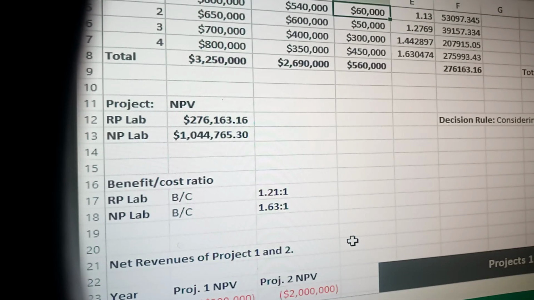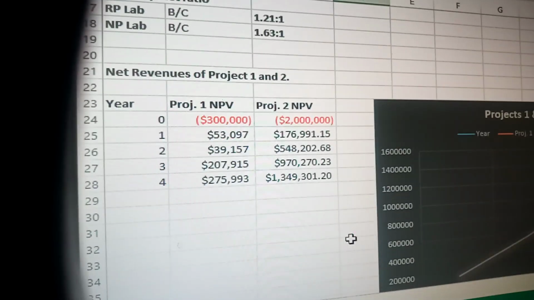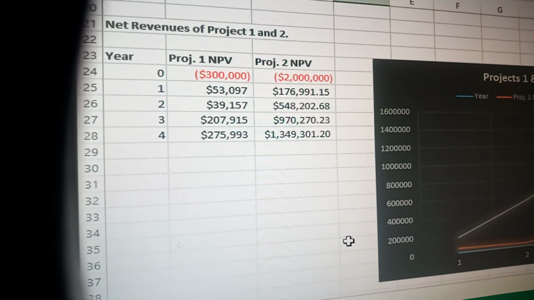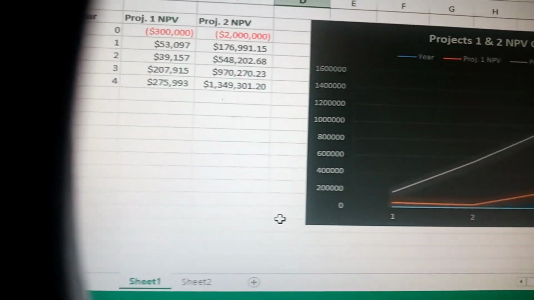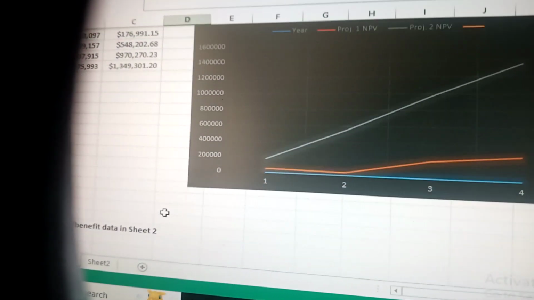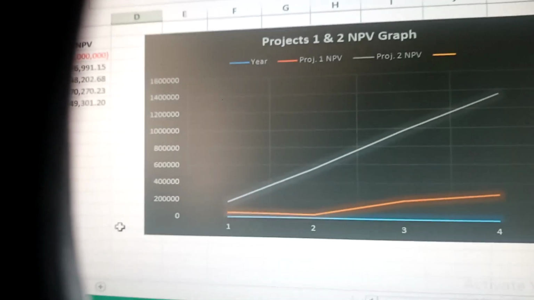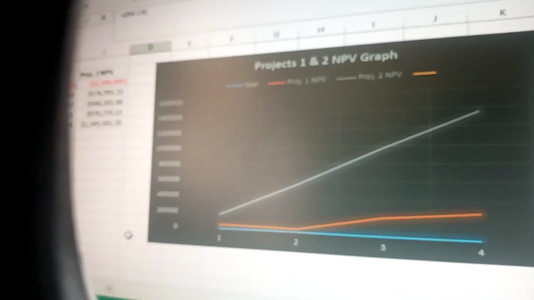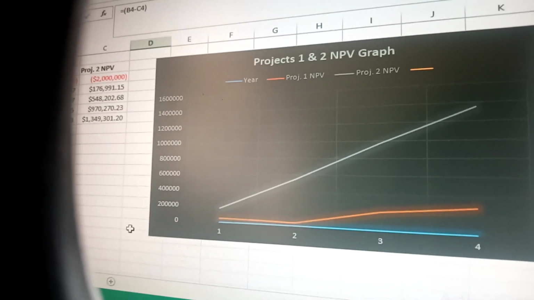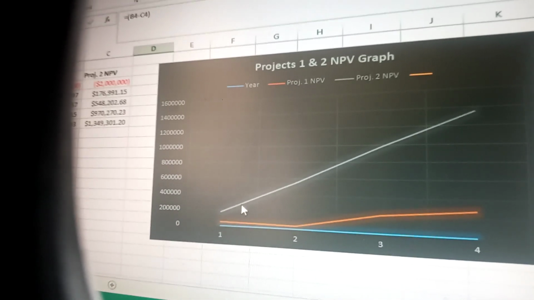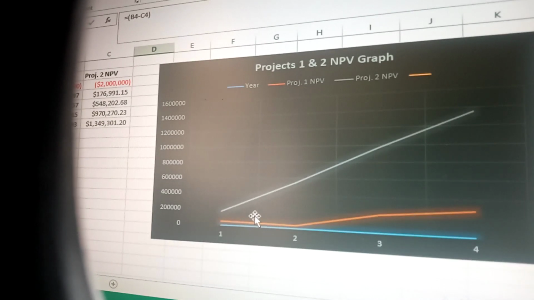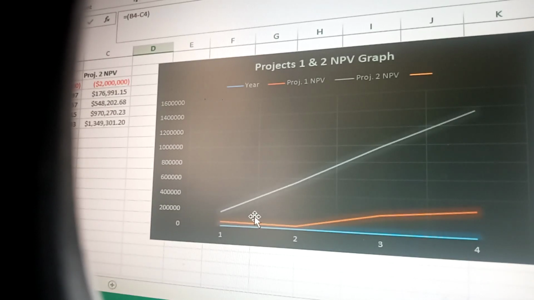That is not all. We can also use the same information, for example the net revenue, to draw a chart that indicates the same problem, but it is hard to read a graph. If it is required, then we can do it too. So this is a chart that indicates the performance of both projects.